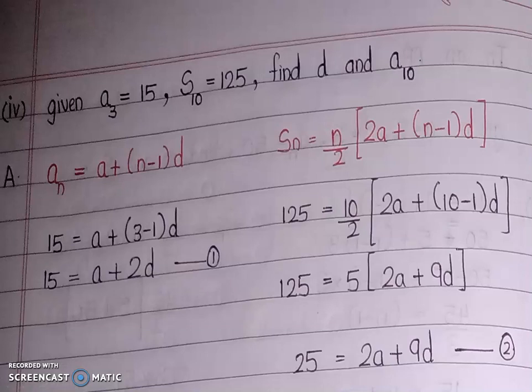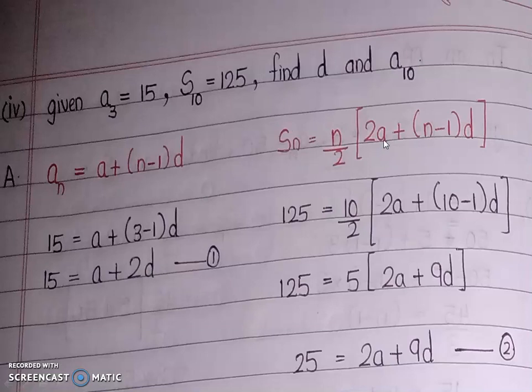And using S10, sum of first 10 terms. Here you have an equation in which first term and common difference is there. So, for Sn, you will use the equation involving A and D. Why? Because in this first equation, you got A and D. That is why you are using this equation for finding Sn.